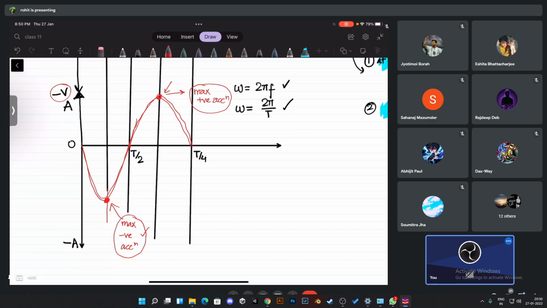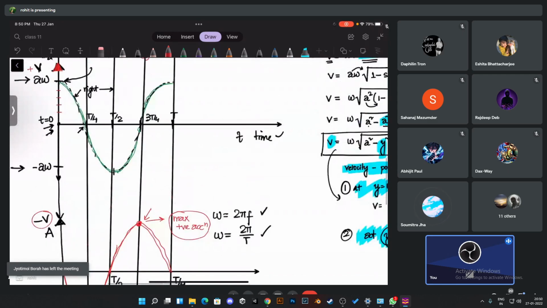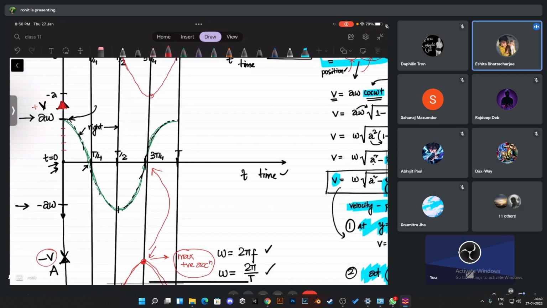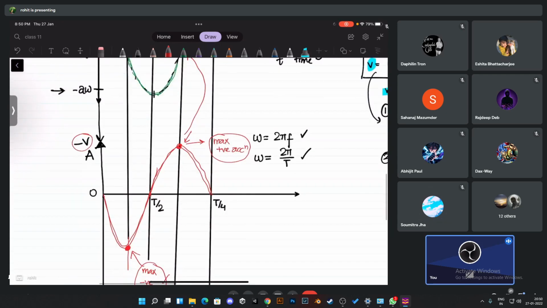Velocity will be how much? 0, right? Check, go back, you can see here, the velocity is 0. Go back up there, see what is the position? Maximum negative. Do you understand? Yes. You can go back up to the graphs and see all those things.